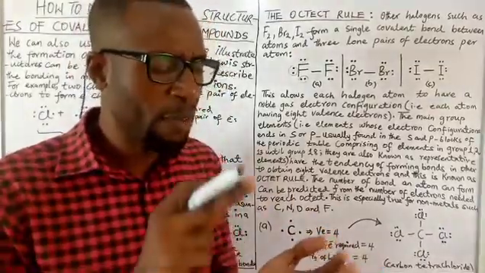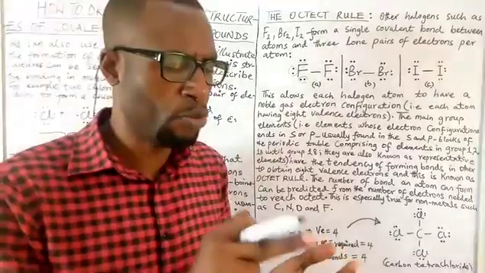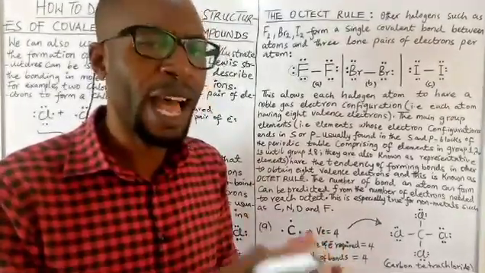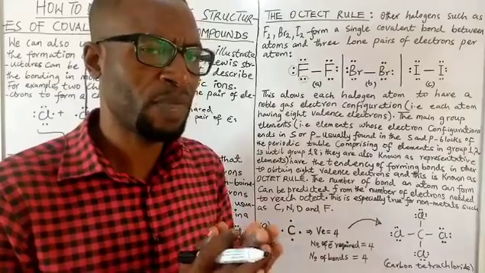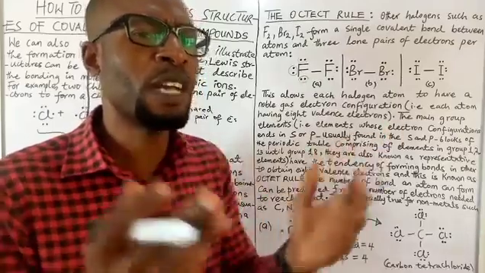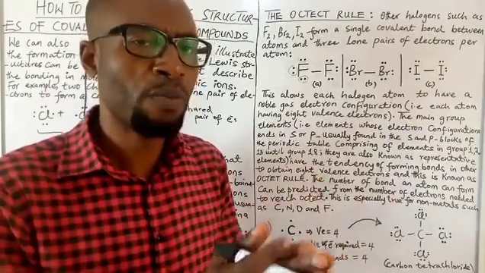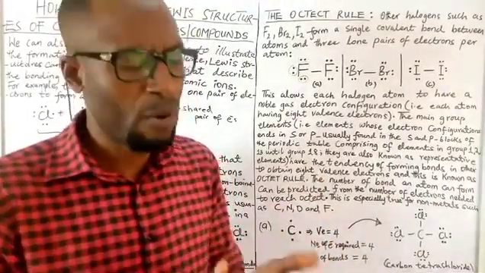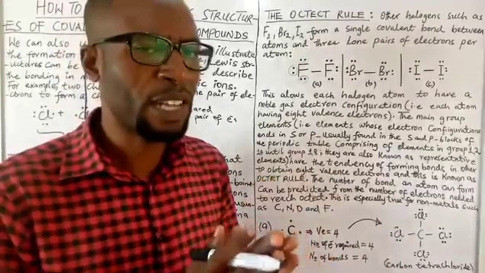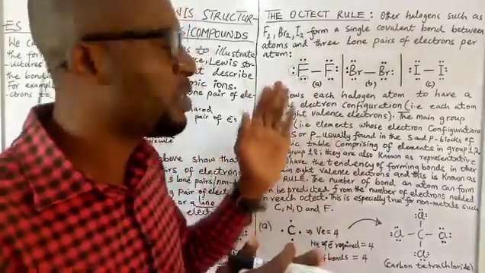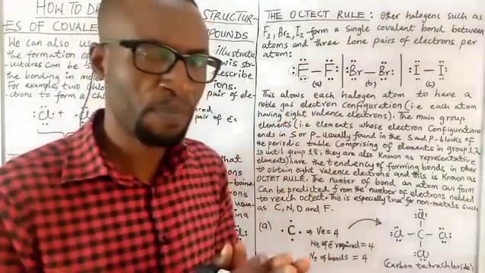Suffice it to say that elements in group 1, group 2, and group 3 are predominantly metals, in which case they will lose some of their valence electrons, if not all, to become stable or to acquire 8 electrons in the valence shell. We use the Lewis structure to depict this.